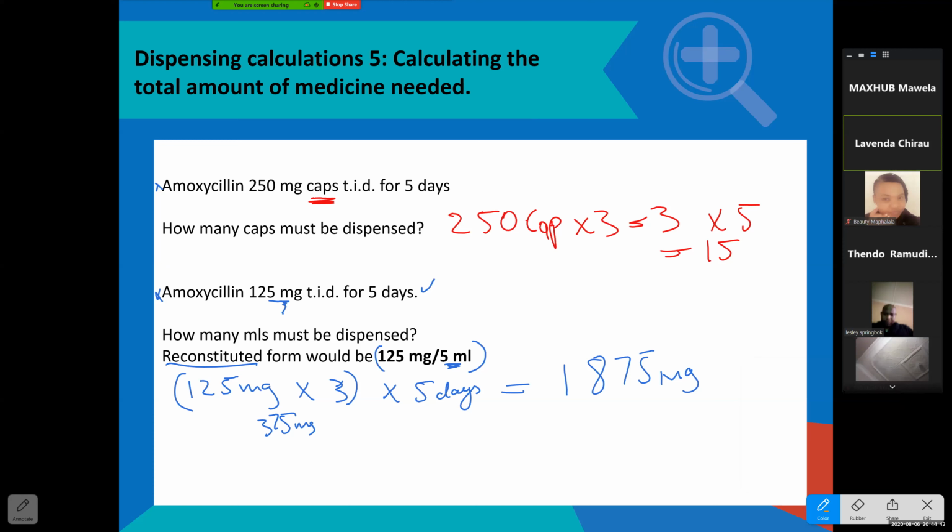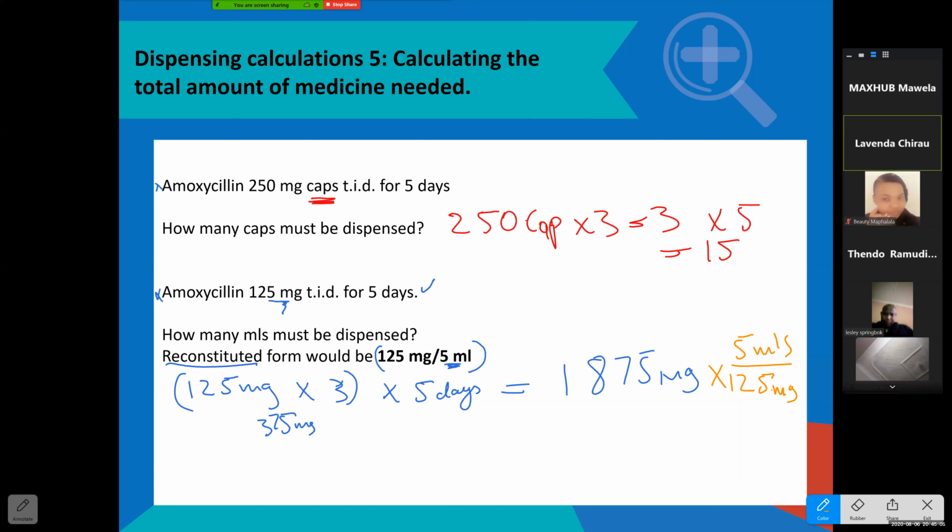So let's do it again, right? We are saying here the relationship is for every 5 mils, there is 125 milligrams. So that's what you're going to do.